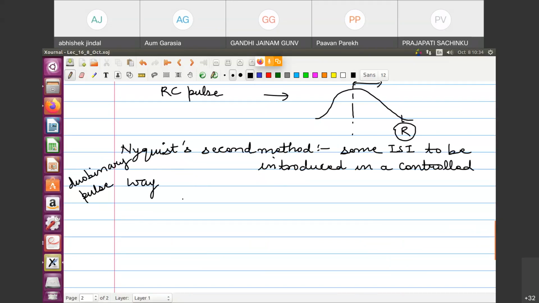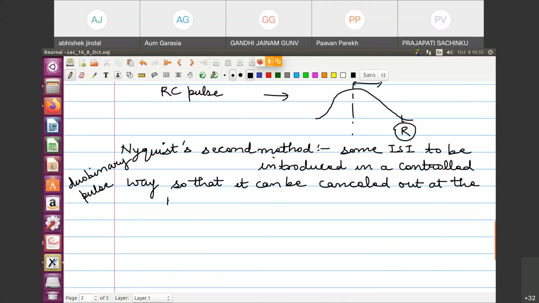So I'm just introducing it and leaving it. Maybe we can do it at a later stage if at all it is covered there. In a controlled way, so that it can be cancelled out at the receiver.